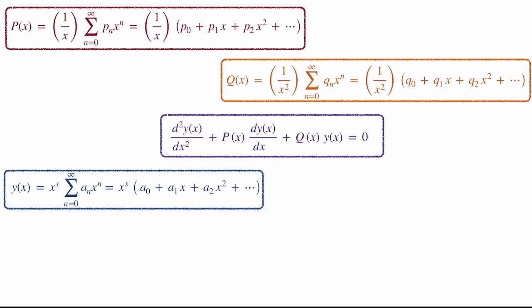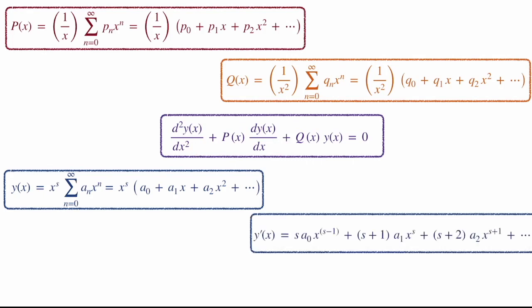We have to differentiate this twice in order to substitute in this equation, and that is fairly straightforward. First derivative is given as s a0 into x to the power s minus 1 plus (s plus 1) a1 x to the power s plus (s plus 2) a2 into x to the power s plus 1, and so on.